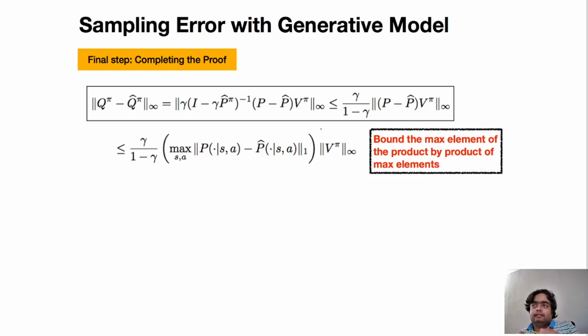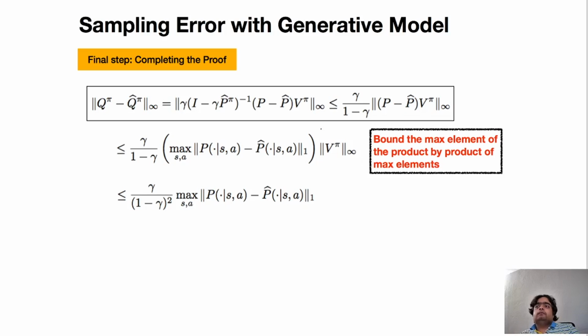But that's not exactly the case here, because P is not a vector, it's a dynamics model, a matrix. So it ends up giving you the inequality you see on the screen, which says that gamma over 1 minus gamma gets copied, the max over s, a of the L1 norm comes in because P is a matrix, and the infinity norm of V pi comes in. So this is what the expression comes out to be.